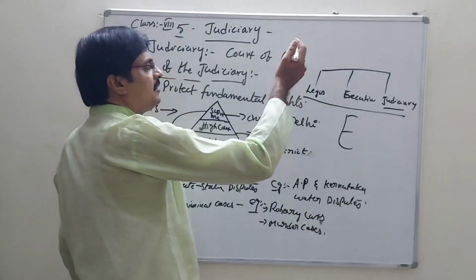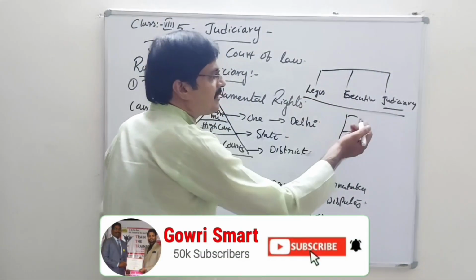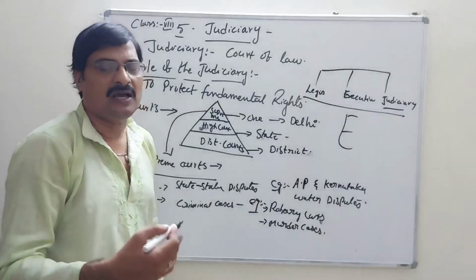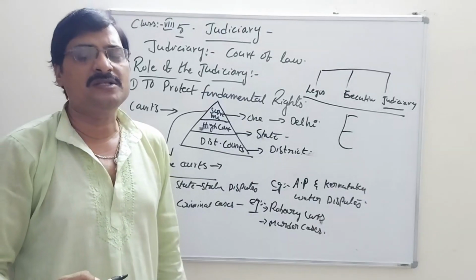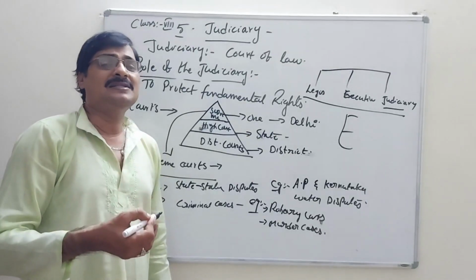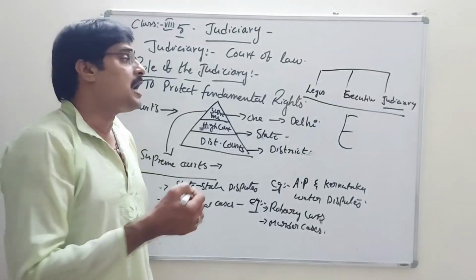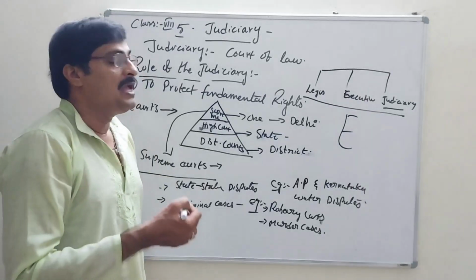One is not greater, one is not lesser. Legislative means Lok Sabha and Rajya Sabha, and executive means the council of ministers, which includes the education minister, finance minister, roads and buildings minister, sports minister, and entertainment. All kinds of ministers come under the council of ministers, which is the executive.